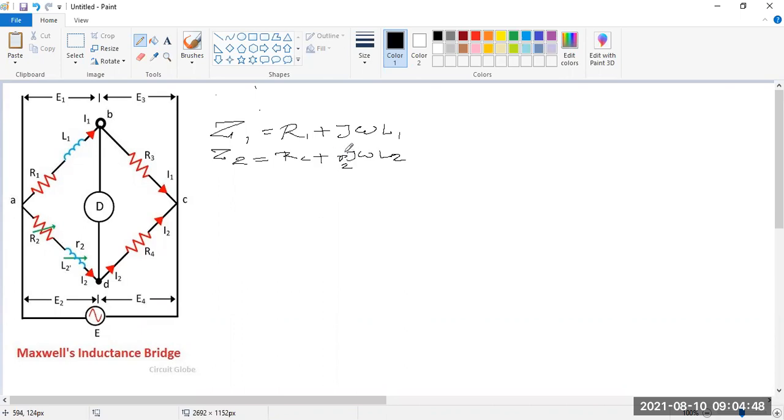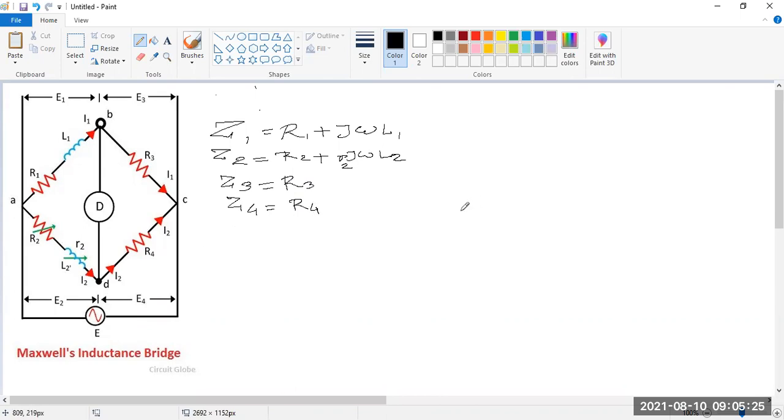This is the capital R2, the variable resistance. Z3 is only R3, because there is no inductive or capacitive reactance. Z4 is also only R4, because only resistance is there. These are the fixed resistances.